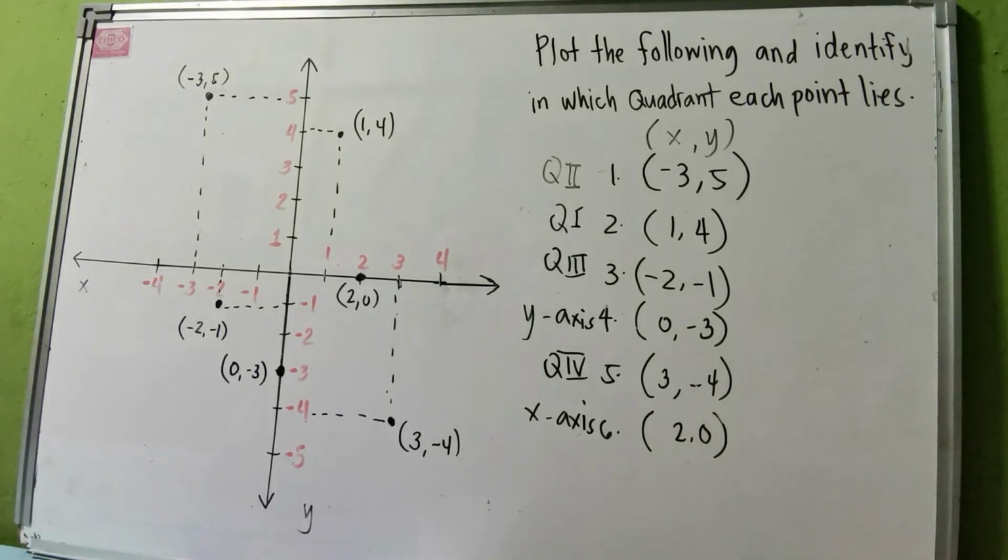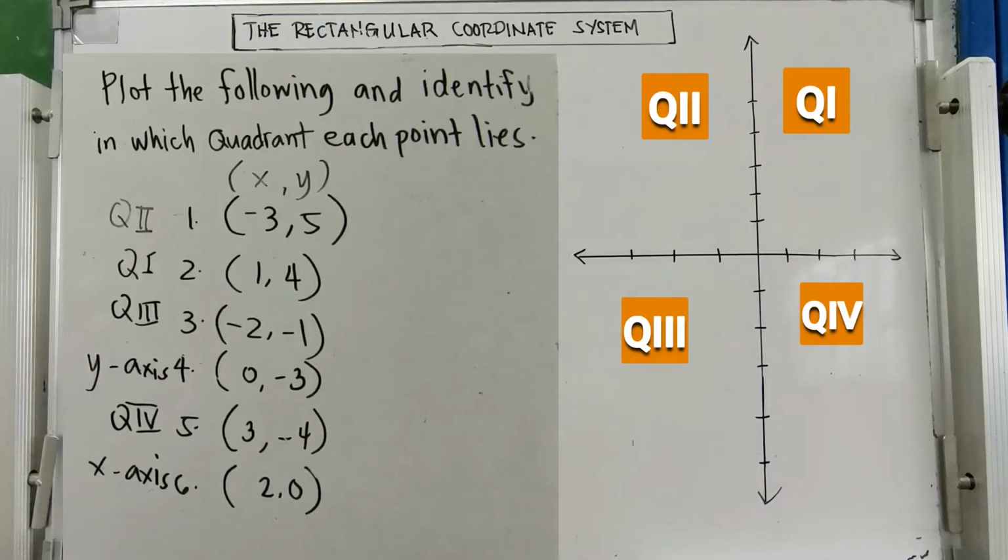So, yan yung step-by-step procedure how to plot points in Cartesian Coordinate Plane. So, take note that without plotting the points, pwede na kaagad nating malaman in which quadrant maglalay ang ating points. Paano natin malalaman na ang ating point ay lying in y-axis?